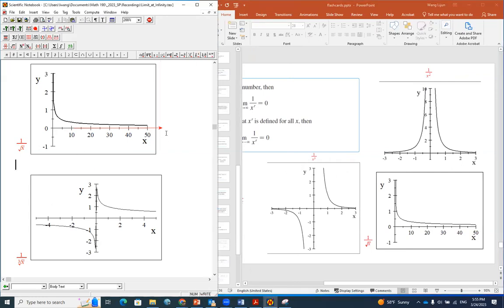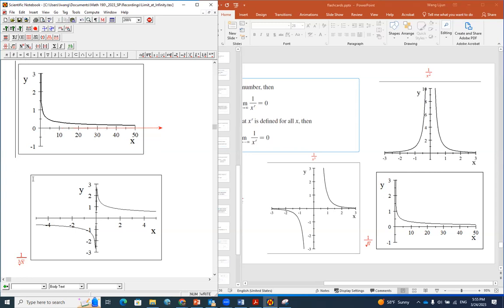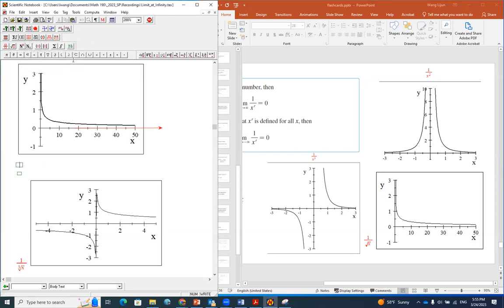The limit as x approaches infinity of 1 over square root of x is 0.